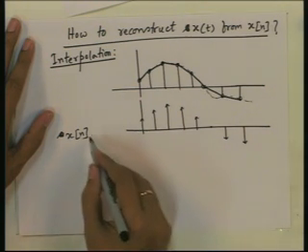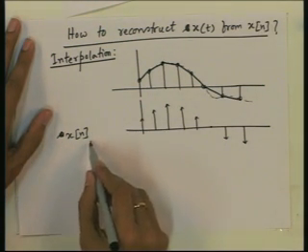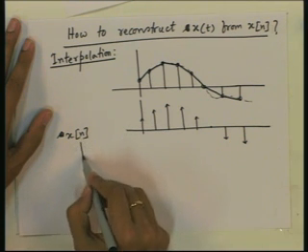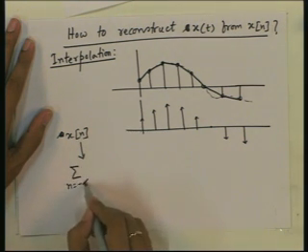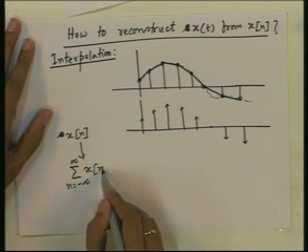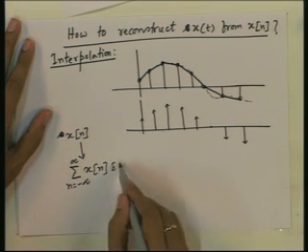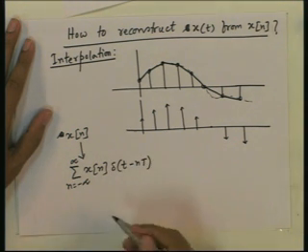So, we make this a delta function, that is from x n we get summation n equal to minus infinity to infinity x n delta t minus n T. This is the Dirac delta function.